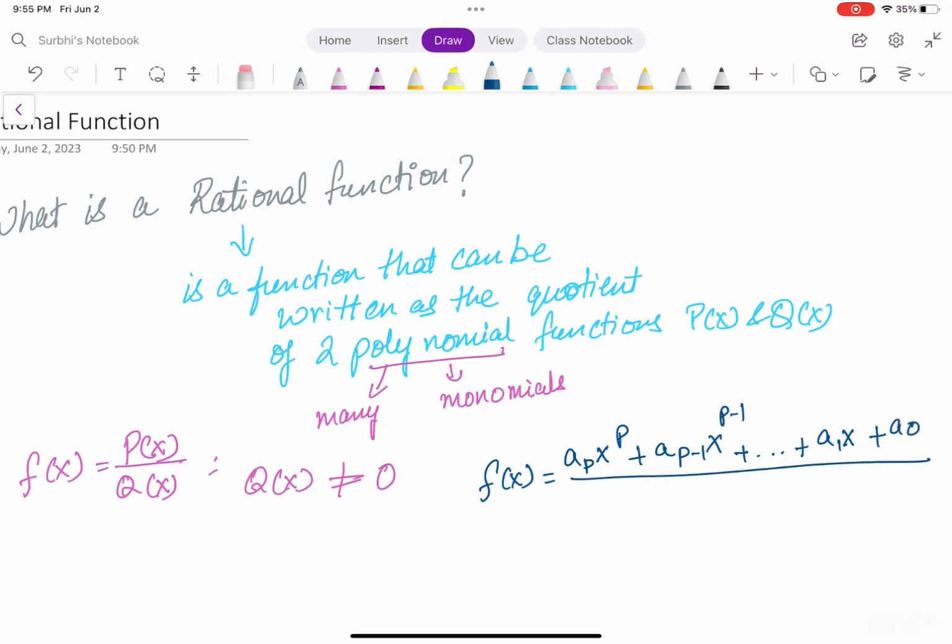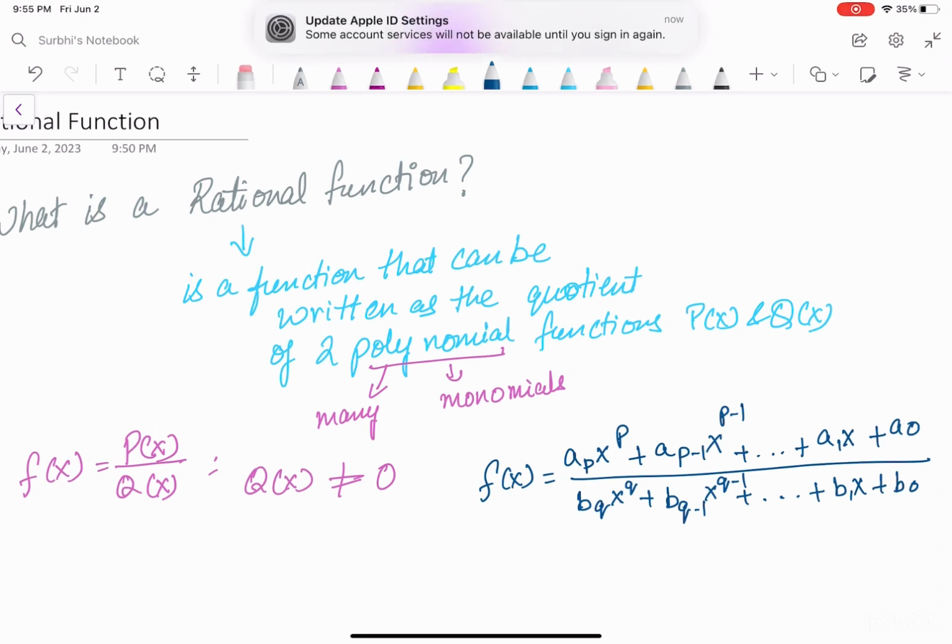Now I will write the function q of x in the denominator. So you might have seen these types of functions in various notebooks and online, but sometimes they become very intense. But remember one thing, a rational function is nothing but a fraction form.